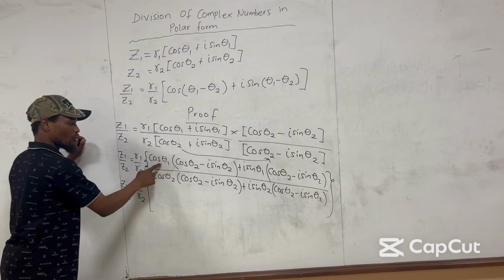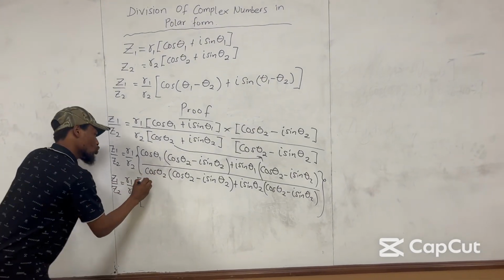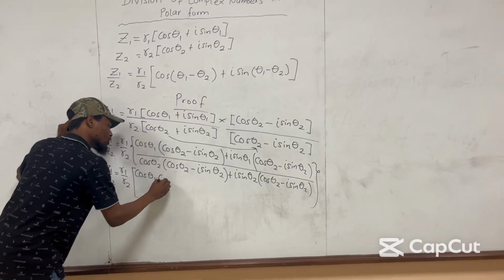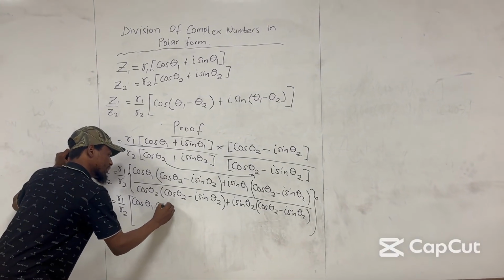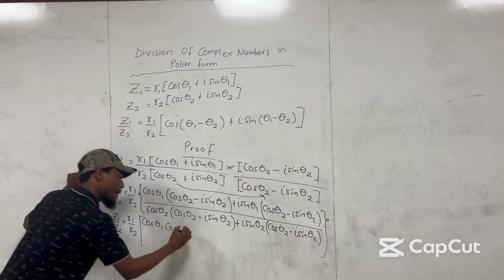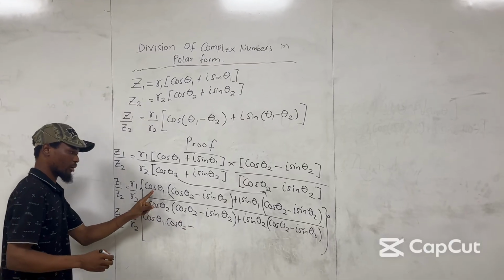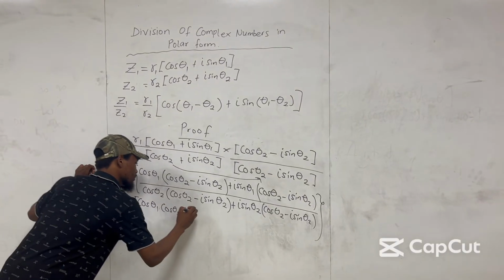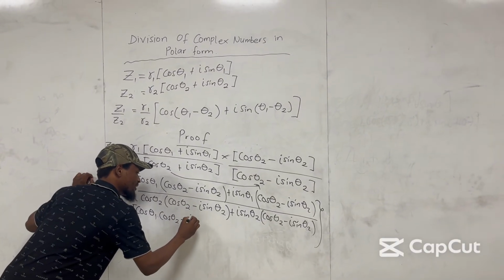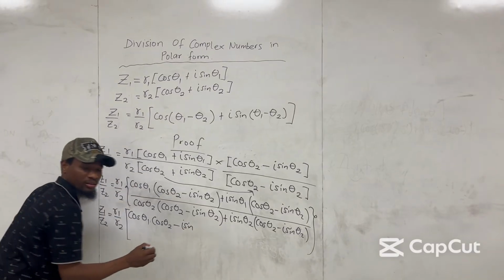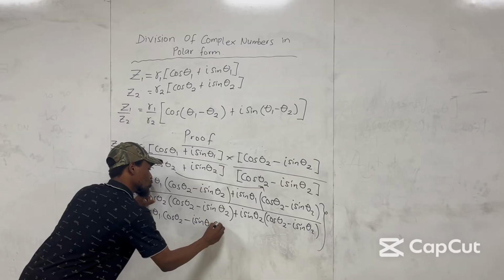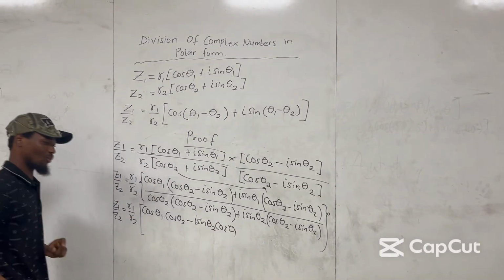So I have cos theta 1 by this gives cos theta 1 multiplying cos theta 2. Then minus, multiply this by this, I will have I sin theta 2, then I have cos theta 1.